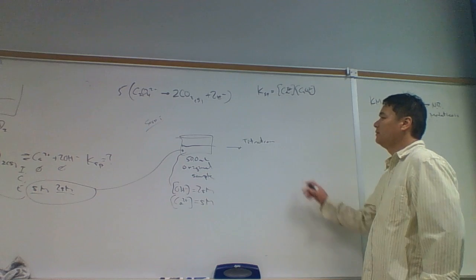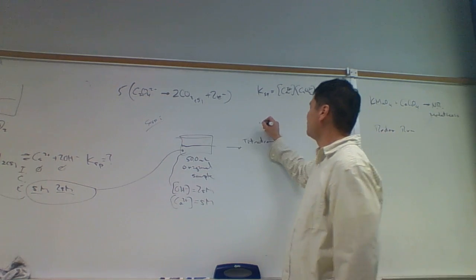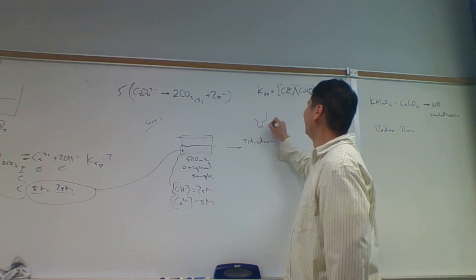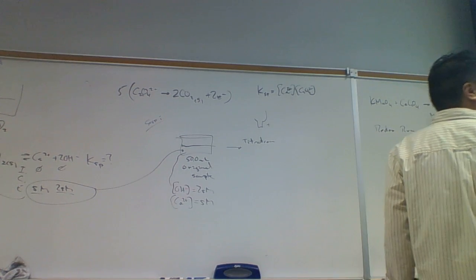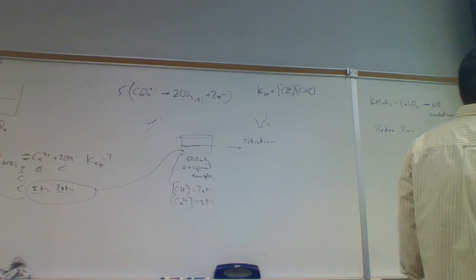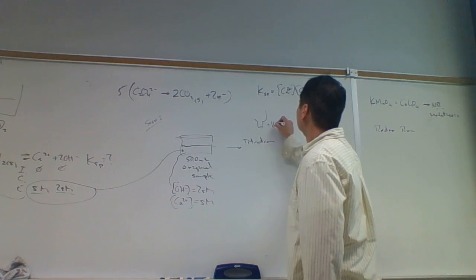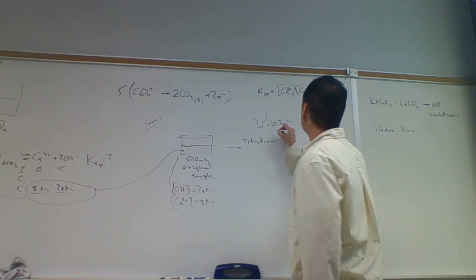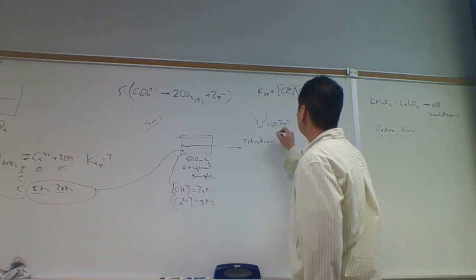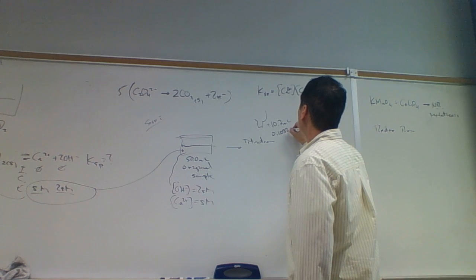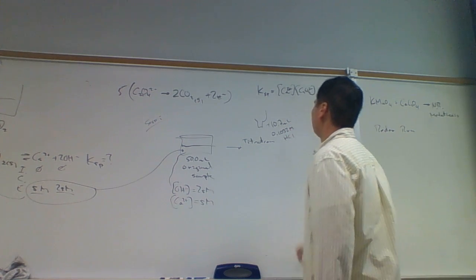If we do the titration, we're going to add 10.7 milliliters of 0.1032 molar HCl.